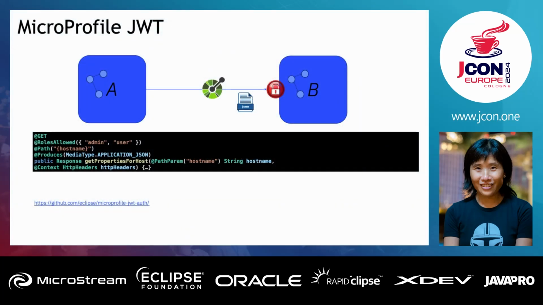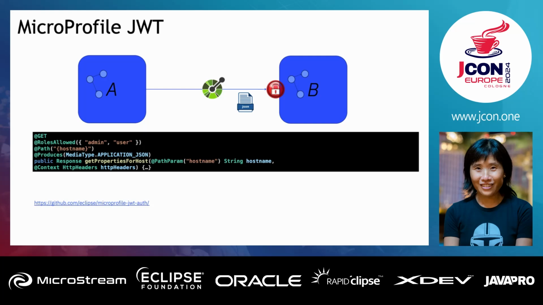In MicroProfile, we have MicroProfile JWT Authentication to help you simplify how to secure some endpoints. This is based on JWT. Who knows JWT? Okay, great. So you are right across it. It's actually very easy.